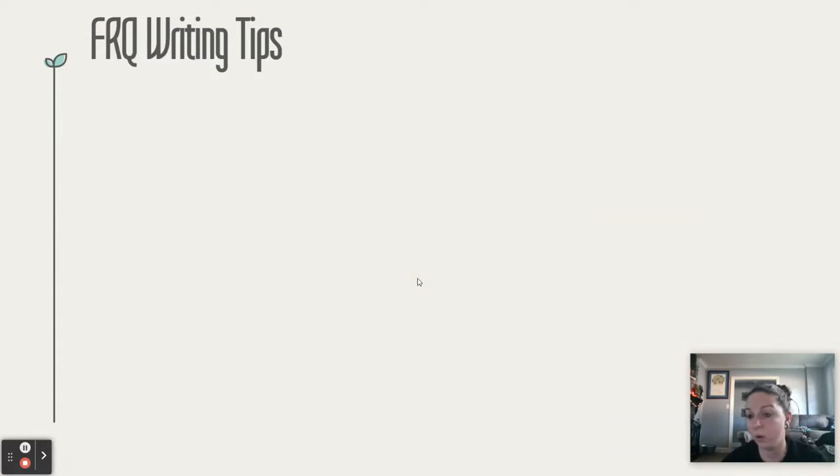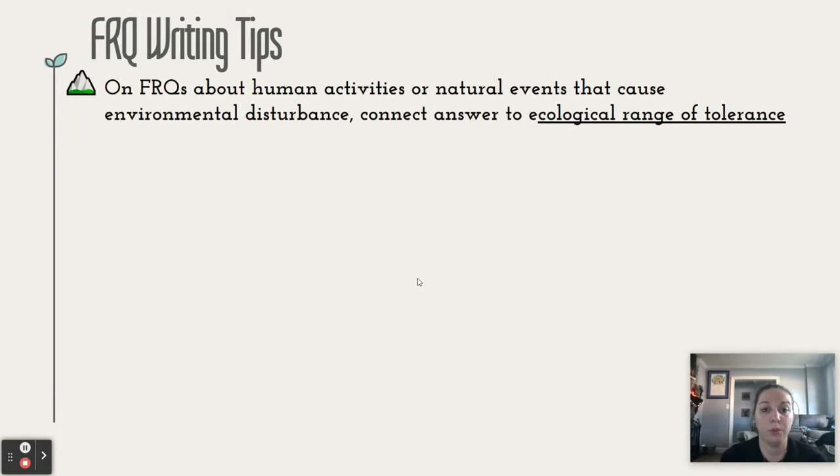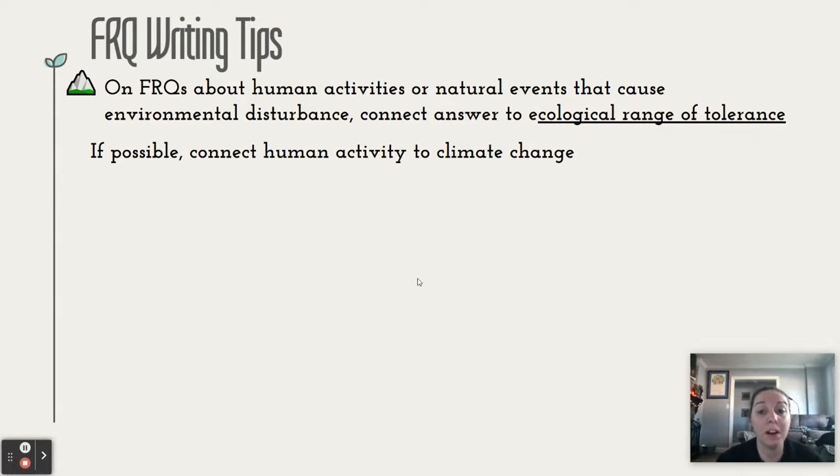So let's look at some more of those writing tips for those FRQs. If we have any FRQ that talks about human activities or even natural events that can cause a disturbance, we want to try to connect that answer to the range of tolerance. And if possible, if it's about human activity, always try to link it back to climate change.